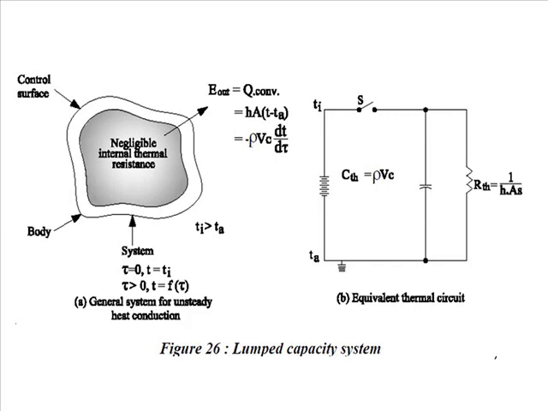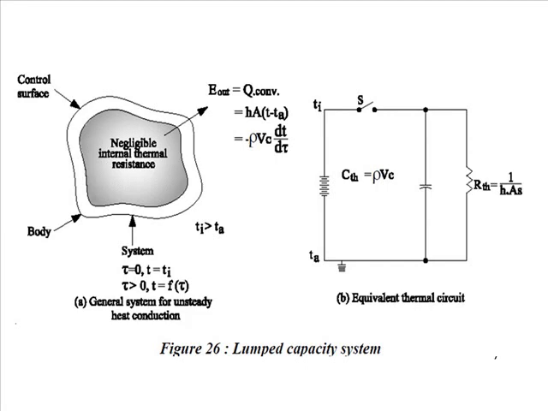Here it is also given that at tau equals 0, meaning when time is 0, the temperature equals the initial temperature, and when time is greater than 0, the temperature is a function of time. So under unsteady state heat transfer, the temperature of the body is a function of coordinates plus a function of time. That is shown in figure number 26a.